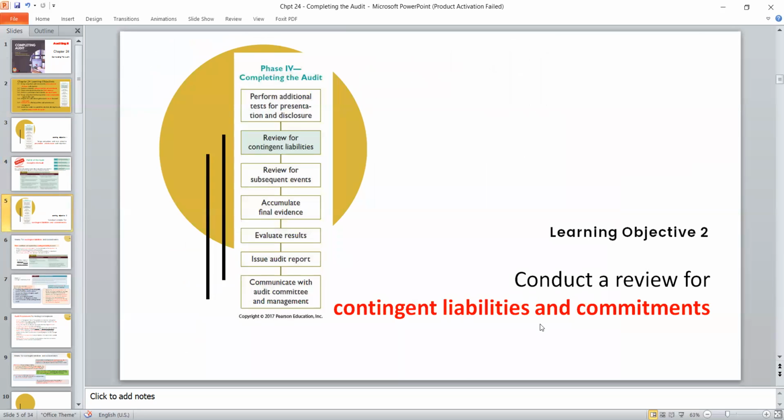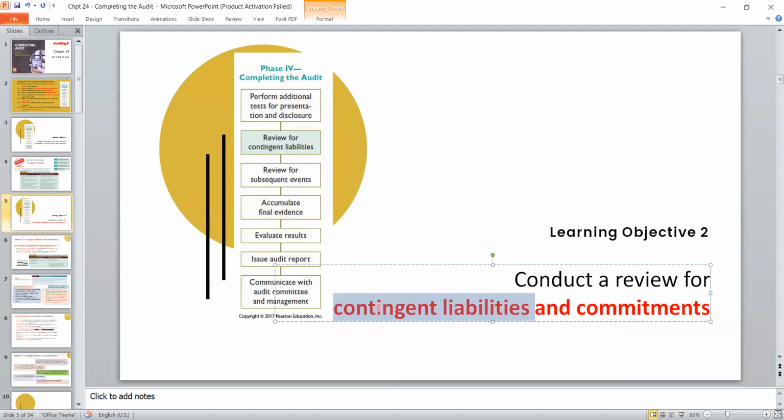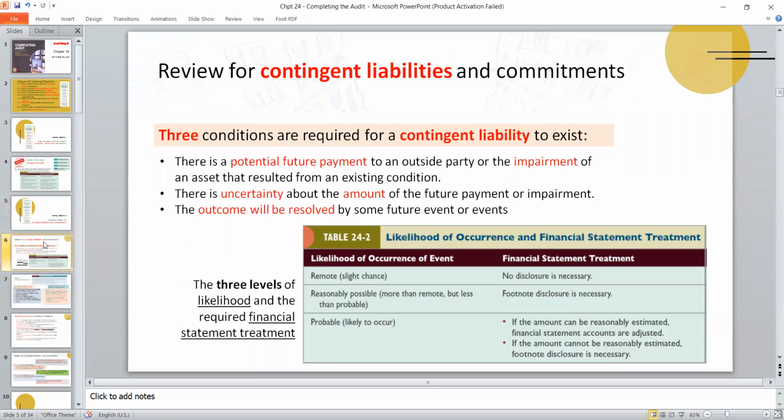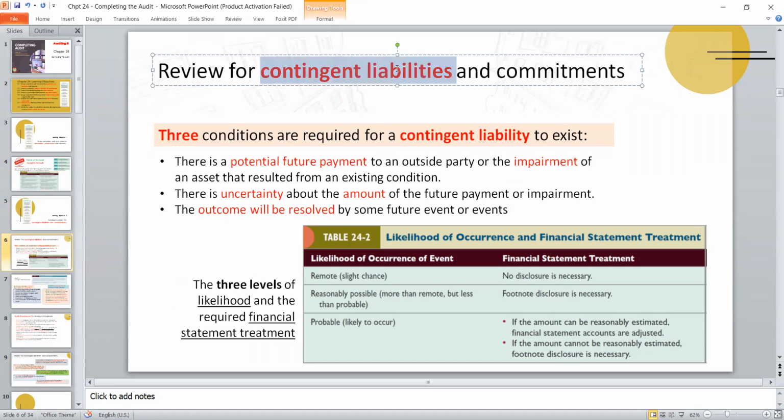The second is about contingent liabilities. You need to know about the contingent liabilities. So what are contingent liabilities? In Indonesia, we call it kewajiban kontinjensi.